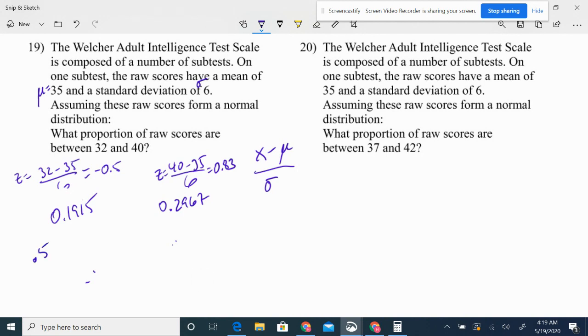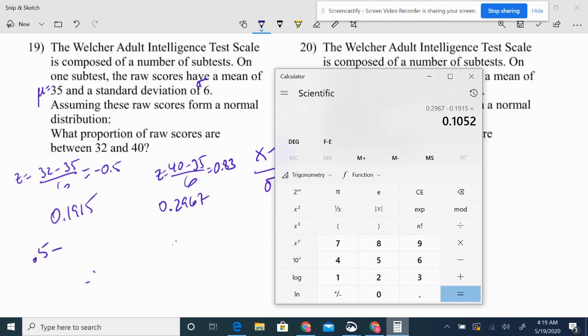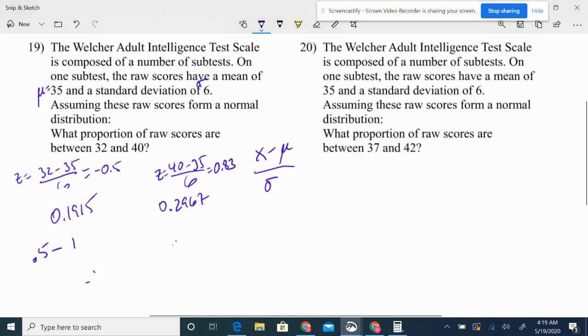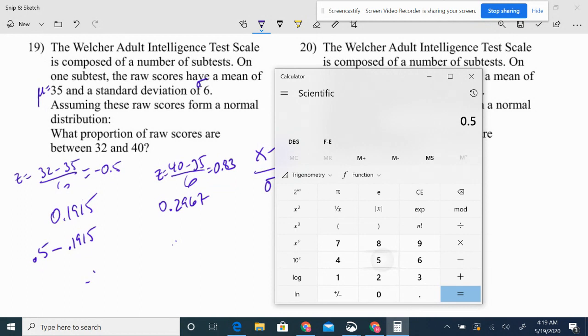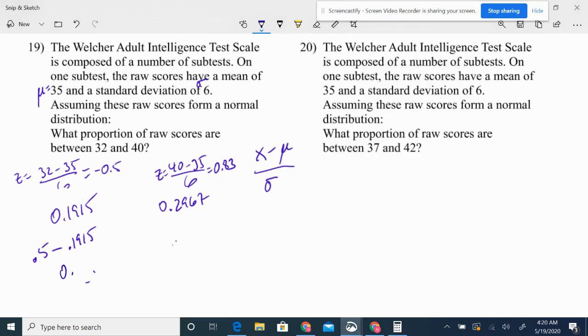Here I have 0.5 minus 0.1915. I didn't find my percentile. So 0.5 minus. I had to go minus since my z-score was negative. So 0.5 minus 0.1915. Now, actually, the percentile of 32 is 0.6915.